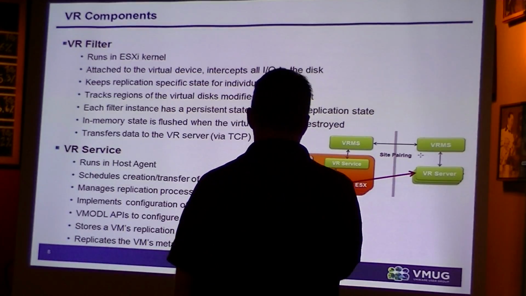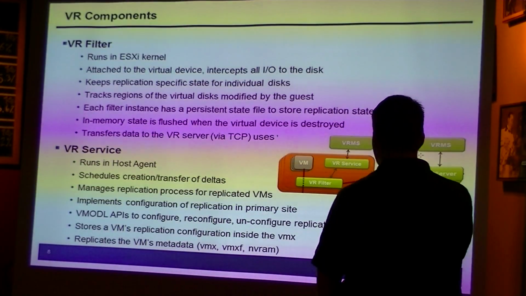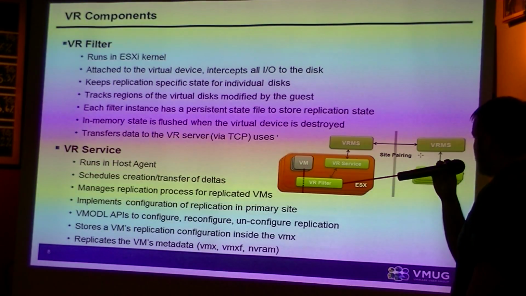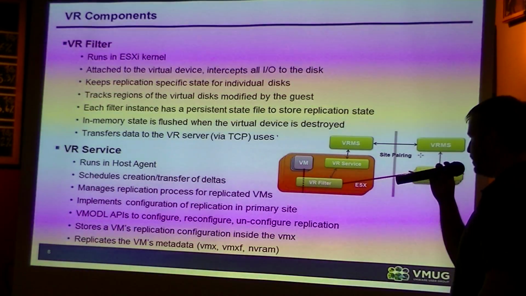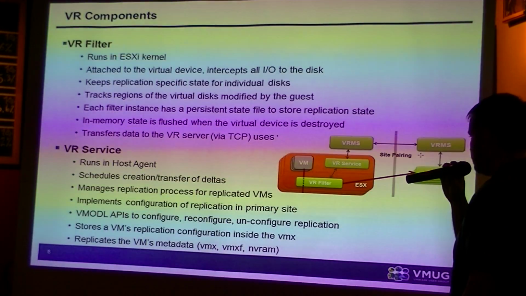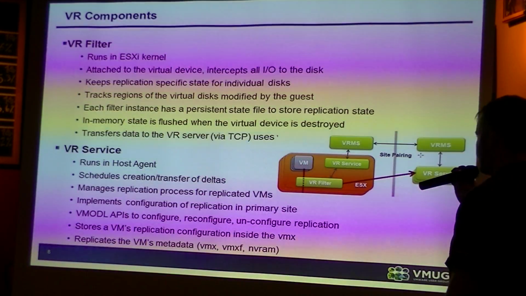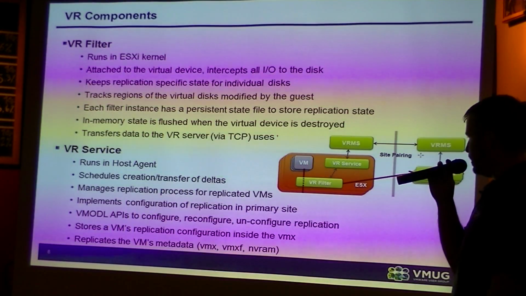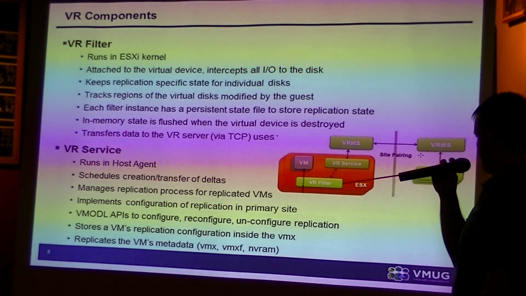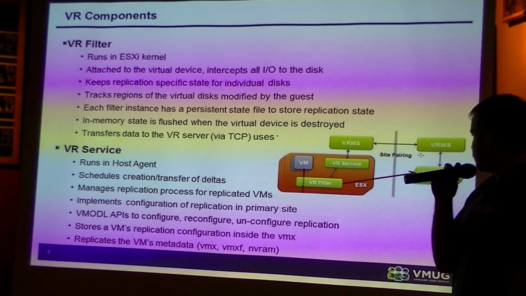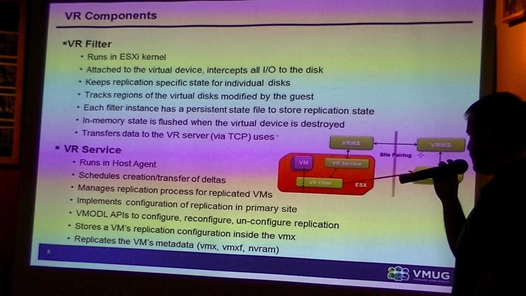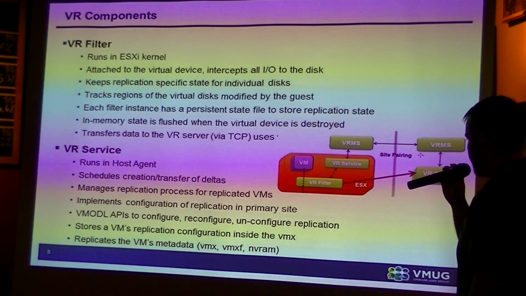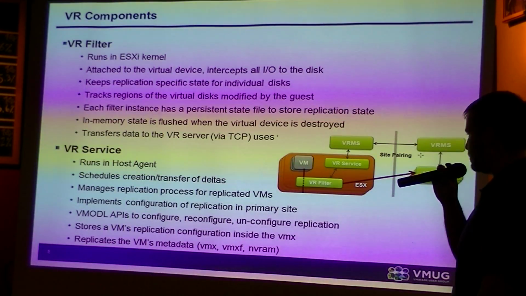The services that run on the ESXi host itself: you have the VR filter, which intercepts all the I/O from the VM and sends it over to the vSphere Replication Server on the replica site. You have the VR service that also runs on the ESXi host, and it manages the replication process.